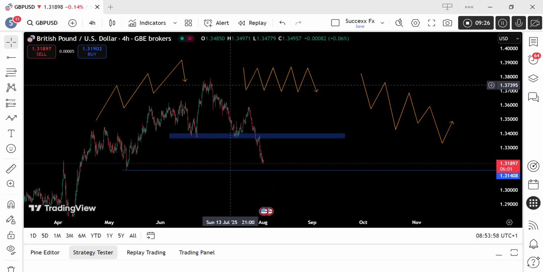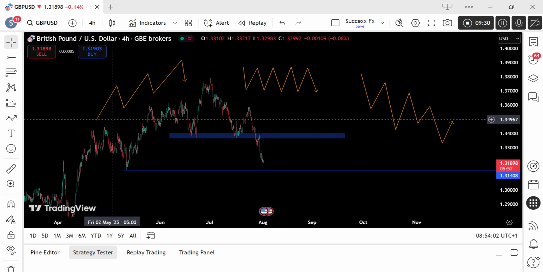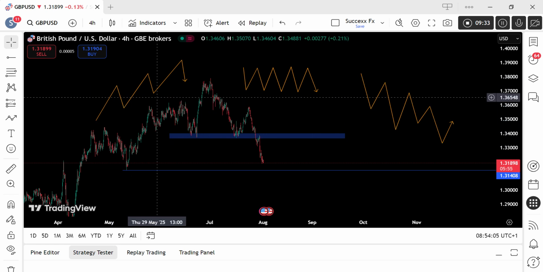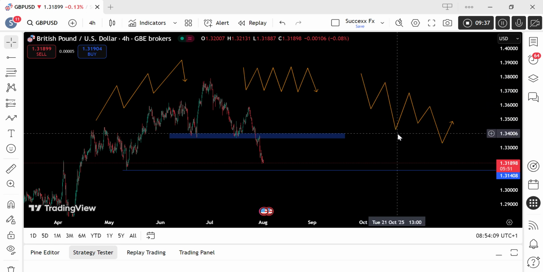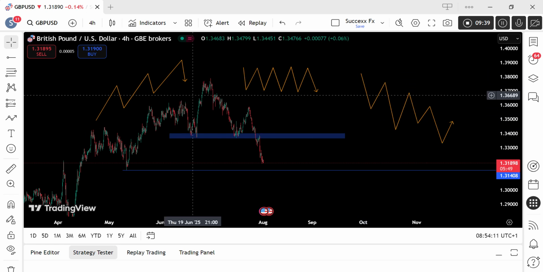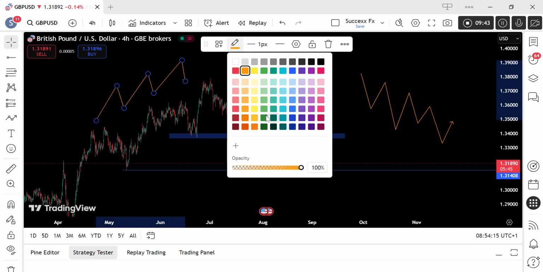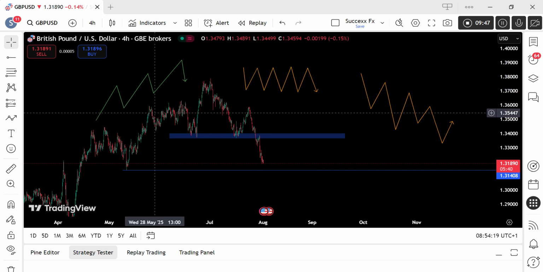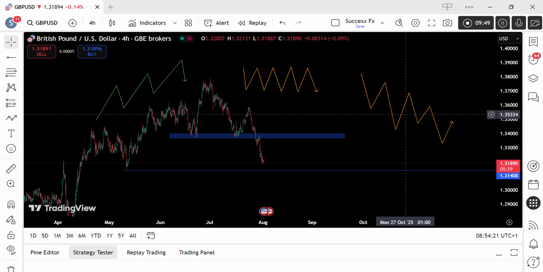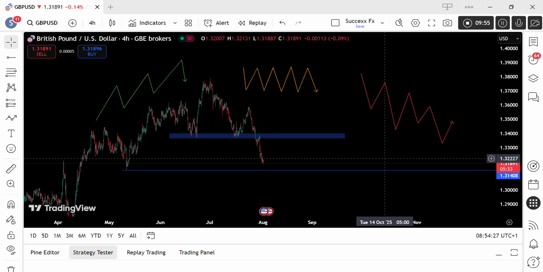All right, so you either trade when price is like this or price is like this, forming a higher high, higher low, or lower low, lower high. So when price is like this, let's signify this with green. It means bullish or buying. And when price is like this, it means we're selling, bearish.